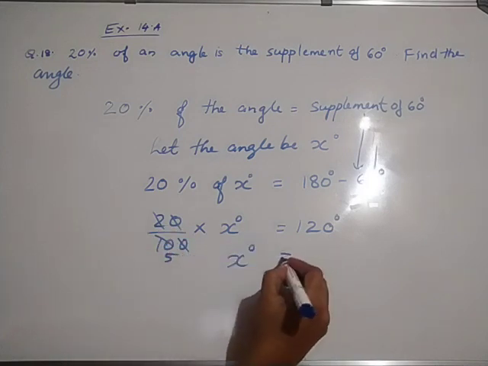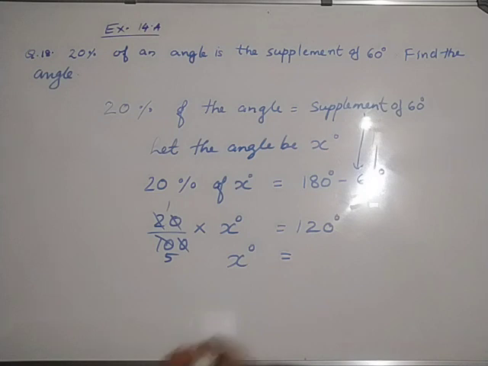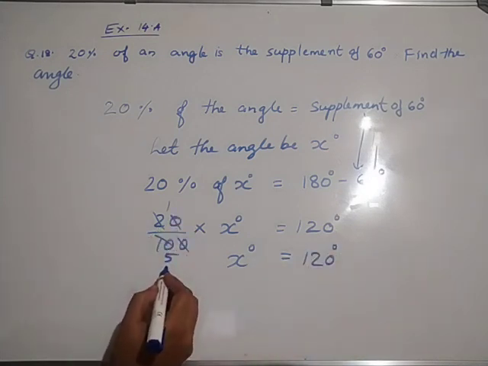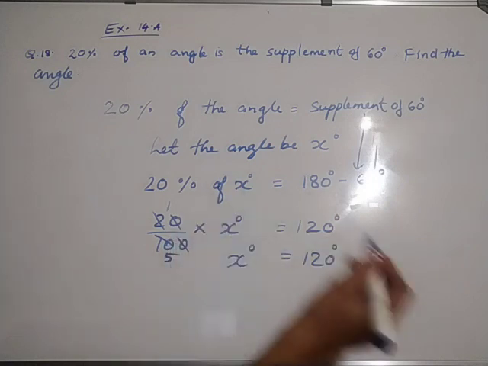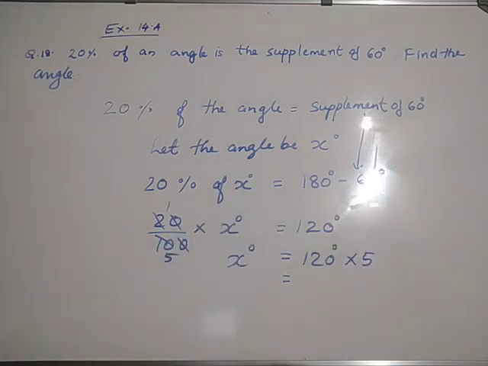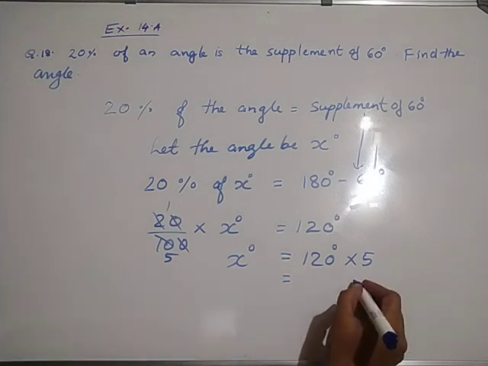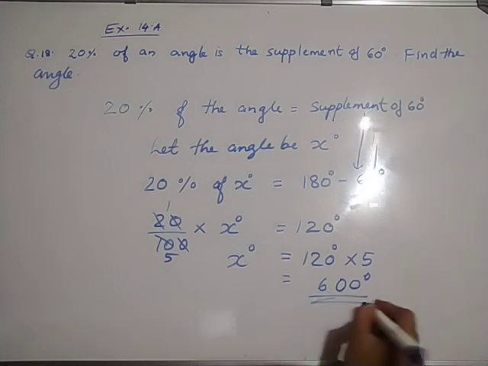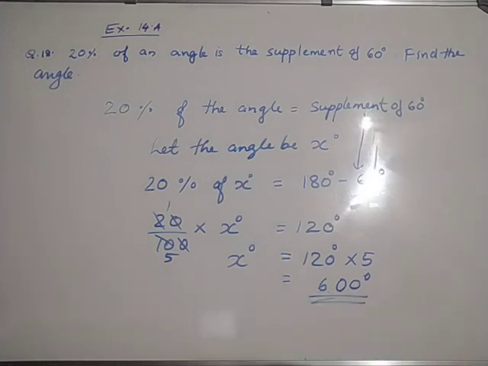So x degrees is equal to 120 degrees into 5. Here this 5 is divided. When we write it to the right side, it will be multiplied. 600 degrees, which is the measure of that particular angle.